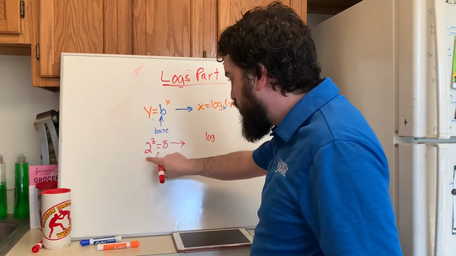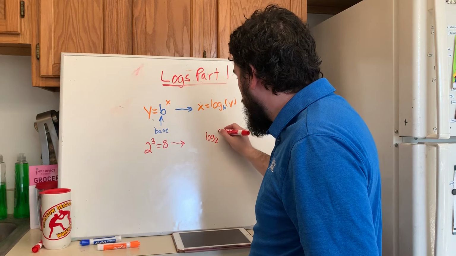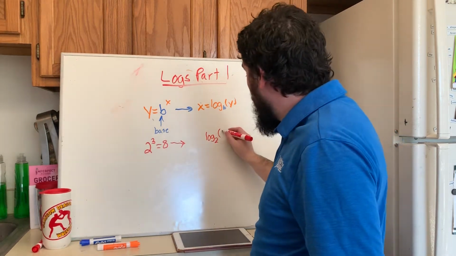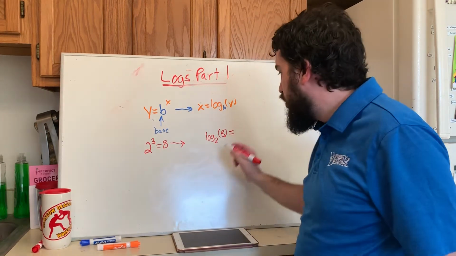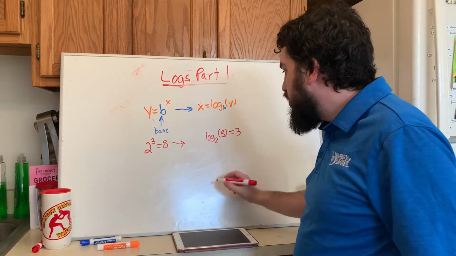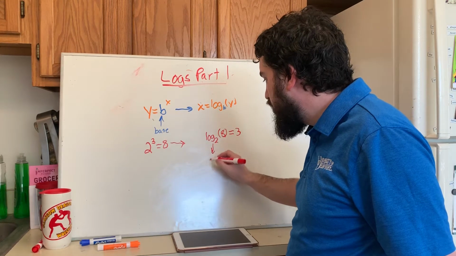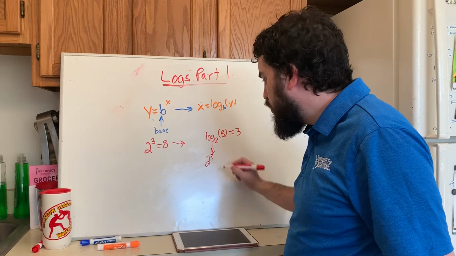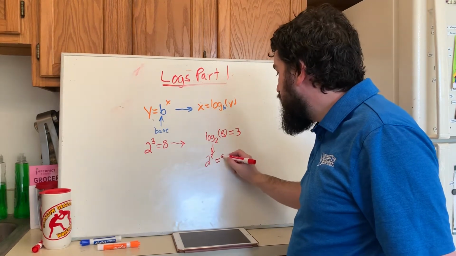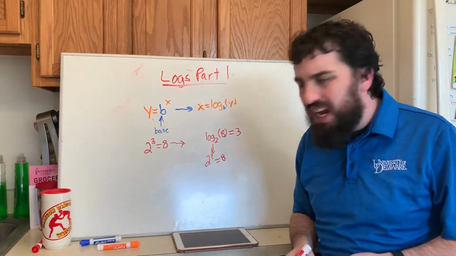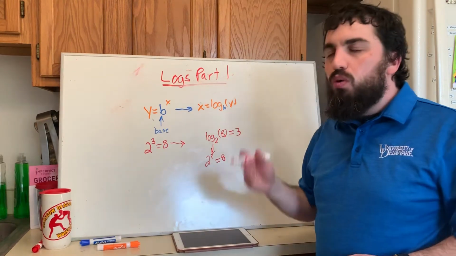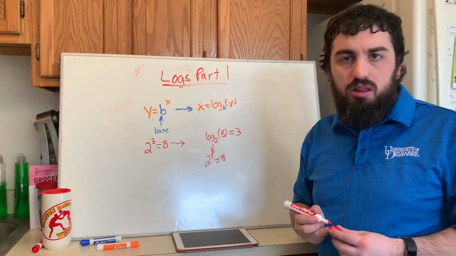So log base 2 of my answer 8, well, that's going to be equal to 3. Because this is basically saying 2 to what power is equal to 8? Oh, 2 cubed is 8. So 3 is the answer to that log.